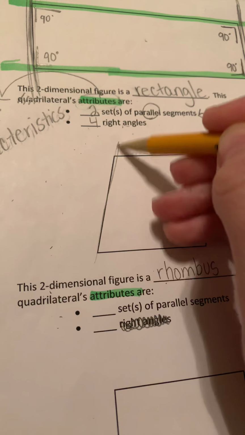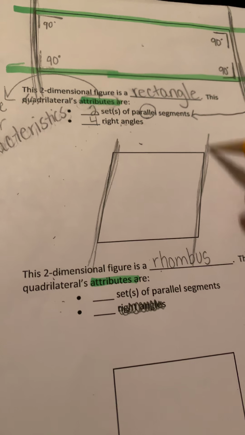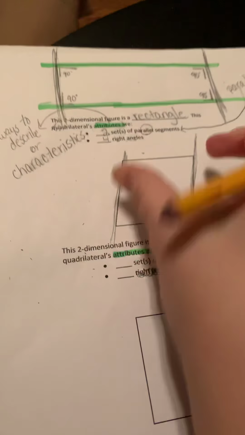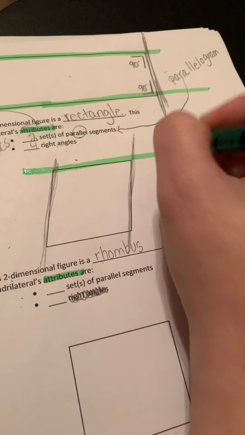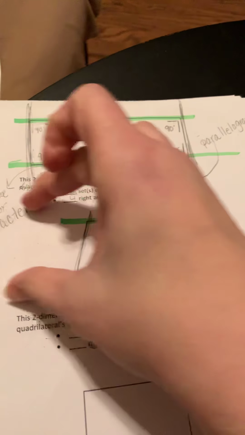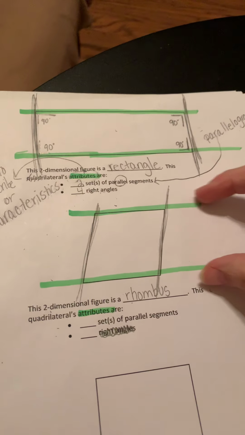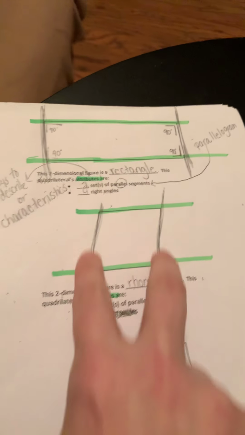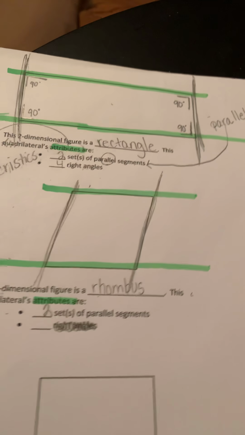Let's extend the edges, the side ones, the left and right, to determine, would y'all say that those are parallel? I agree. All right, let's extend the top and bottom edges. Would you say these are parallel? How do we know they're parallel? Side by side. What else do we know about parallel? Never touch. So we're parallel once, we're parallel twice. 2 sets of parallel segments.